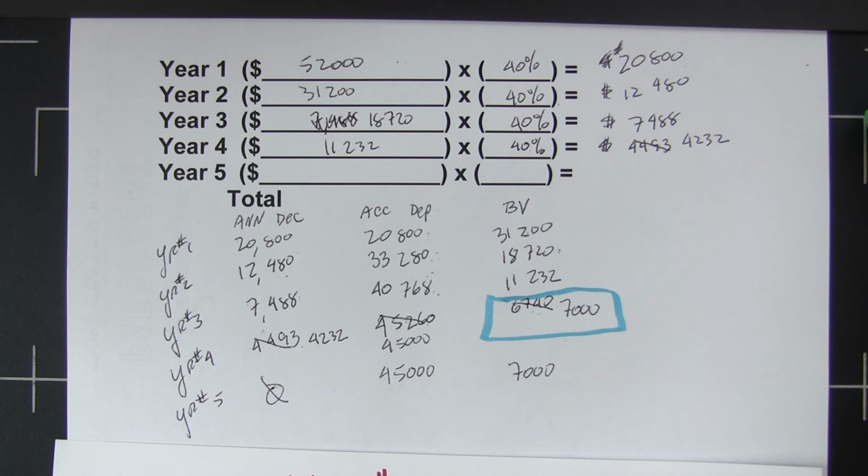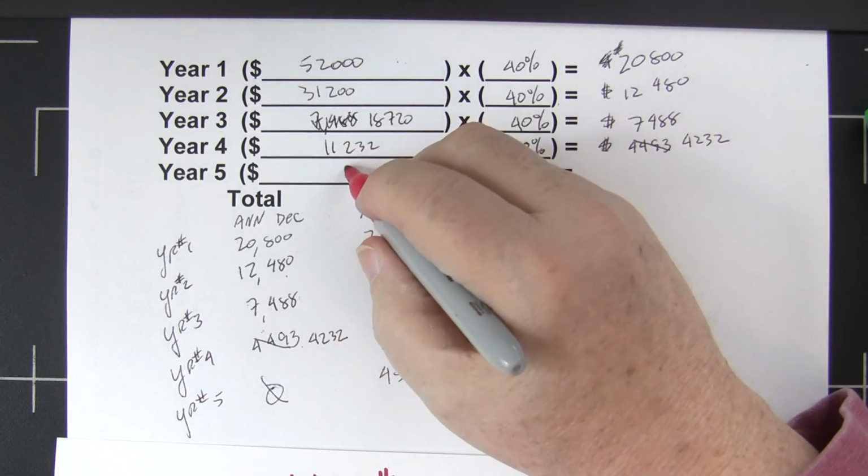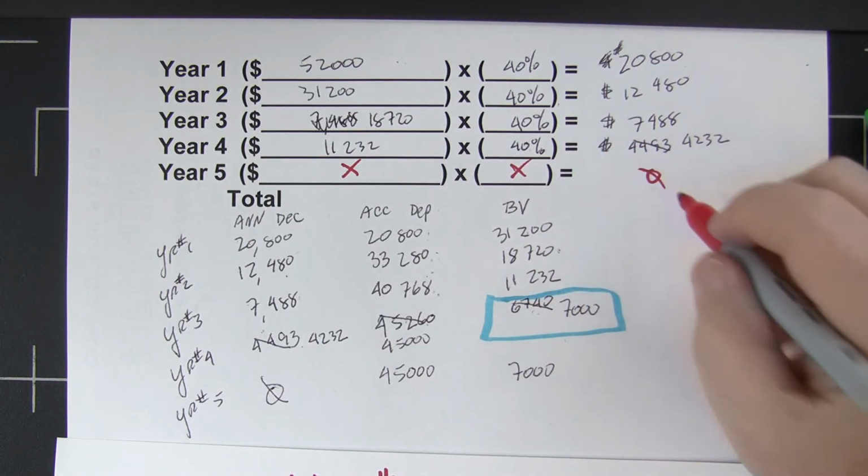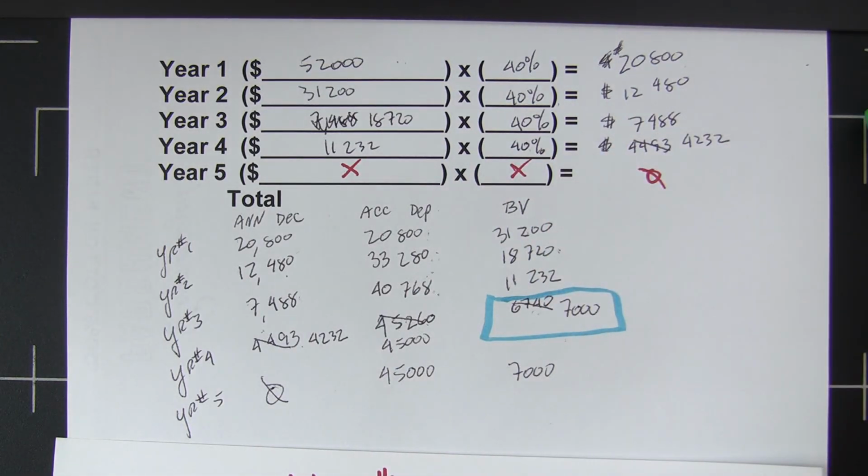As such, we go that far and we stop. So year 5, we have nothing. And that's common. Just because you don't have depreciation doesn't mean you have to throw the asset away. It just means you have no depreciation expense.